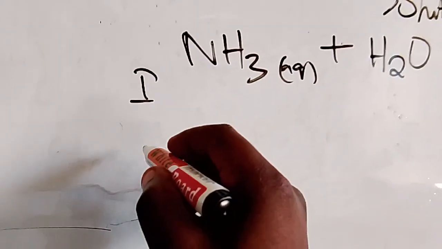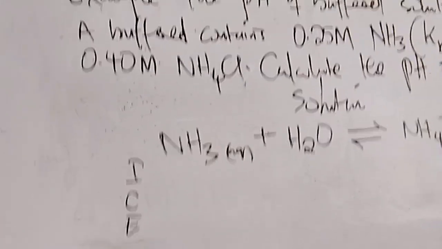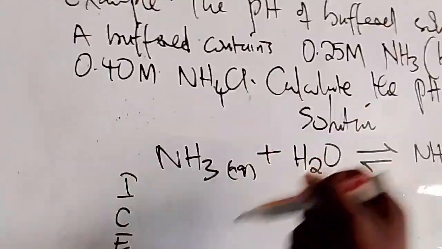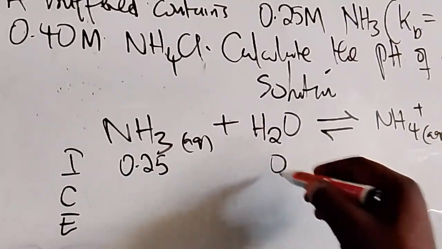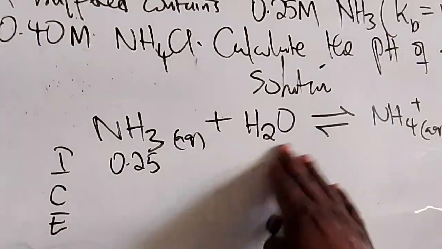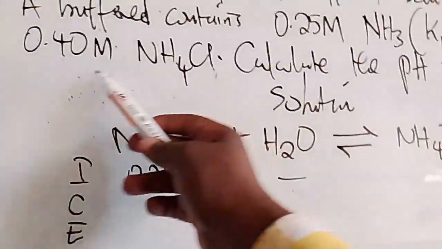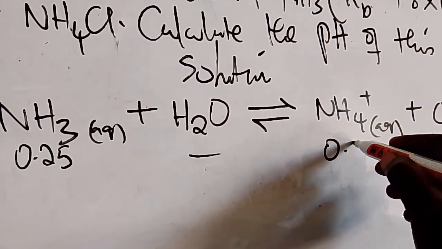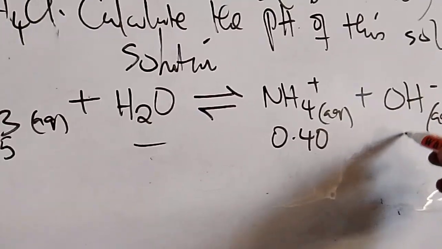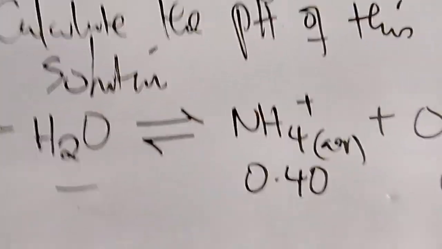ICE. The initial concentration of ammonia is 0.25 molar. For water, in fact, water is not even involved, you can just put a dash. Then for ammonium ion, that is 0.40. Then for hydroxide ion, that is 0.